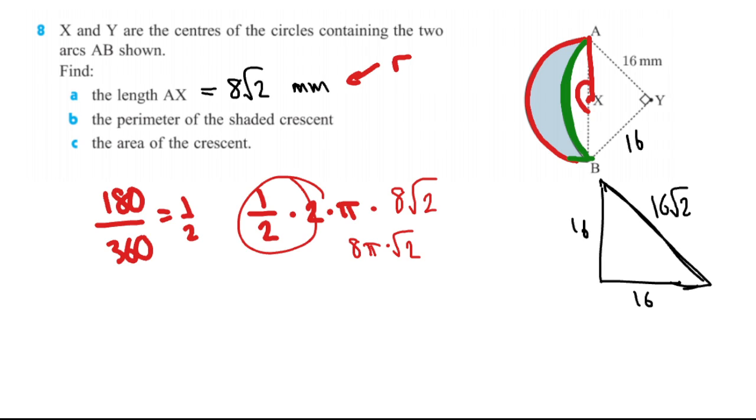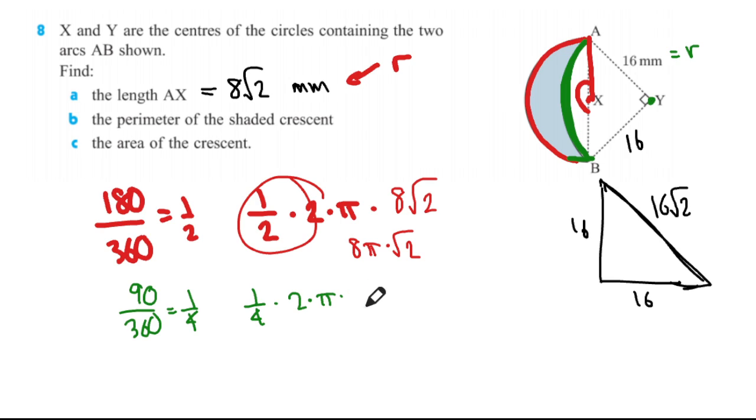The green one has the center here and the radius 16 is the green radius. This angle is marked as a right angle, so we have 90 over 360, which is 1/4 times 2 times pi times r.